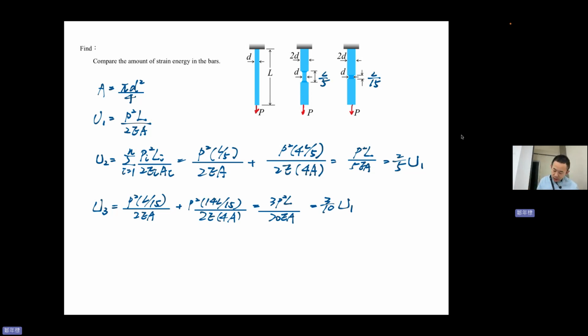So you can see that number 3 can store the least strain energy among the three cases.